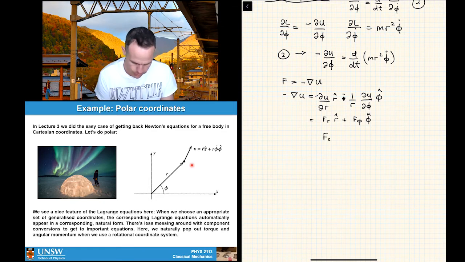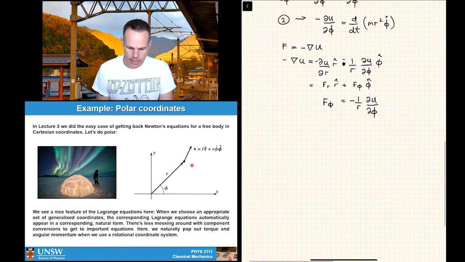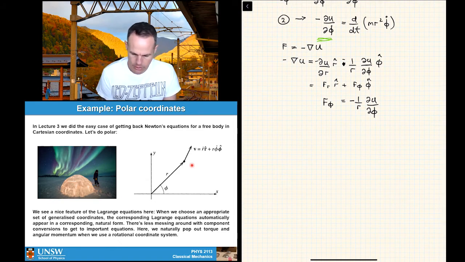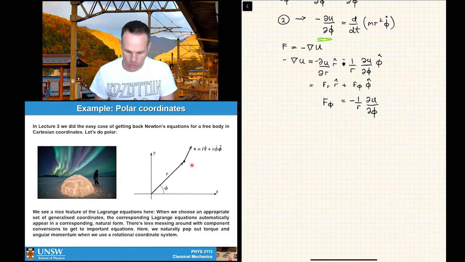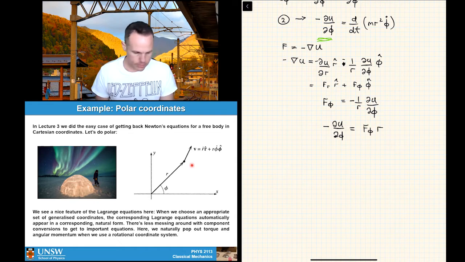So this F_φ here will be equal to minus 1/r dU/dφ. And of course, the thing you want to isolate here in order to deal with the start of this equation 2 will be the dU/dφ, right? So we know that minus dU/dφ is going to be equal to F_φ r.